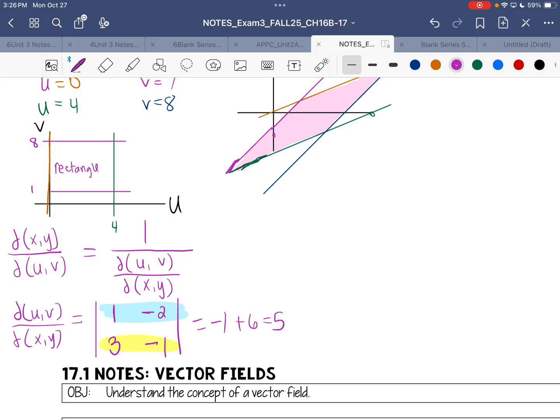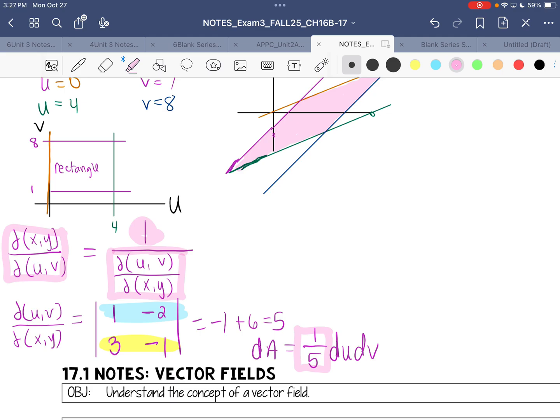All right, multiply on the diagonal. 1 times negative 1 is negative 1 minus 3 times negative 2, which becomes plus. So my transformed area is going to be 1 over 5 du dv. You have to flip it.